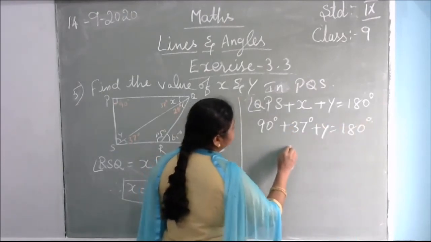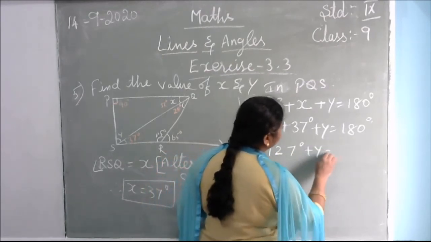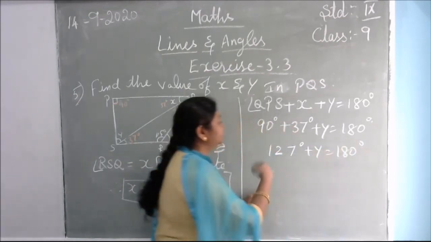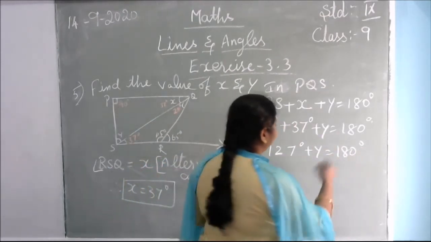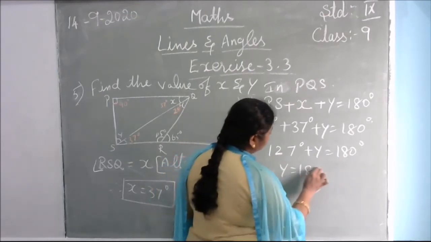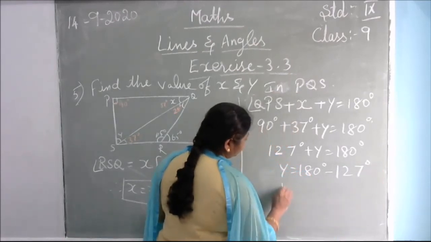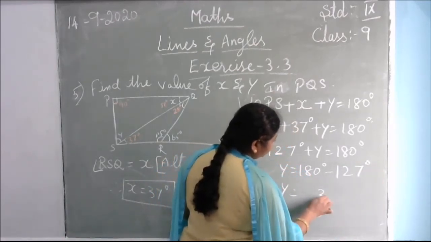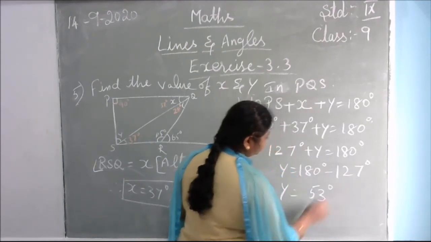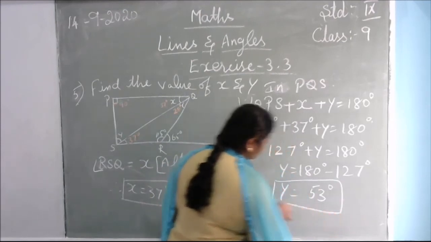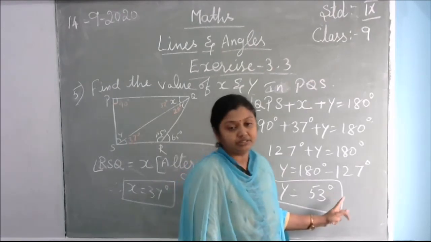So these two make 127 degrees plus Y equal to 180 degrees. The 127 degrees, if you take it to the right hand side, it will become minus. So Y equal to 180 degrees minus 127. So Y equal to 53. So what is the value of X? 37 degrees. What is the value of Y? 53 degrees.